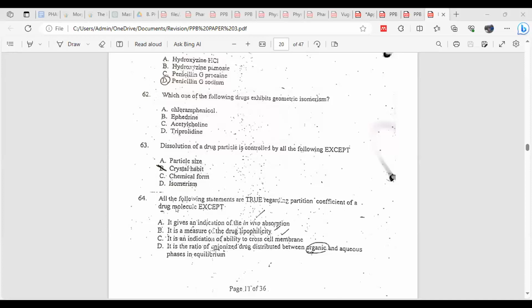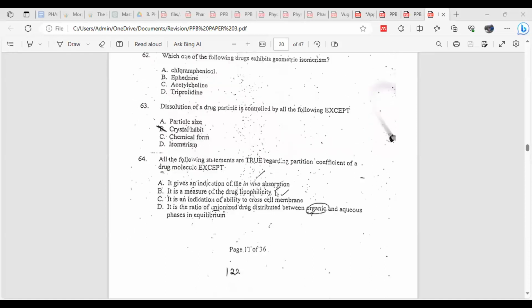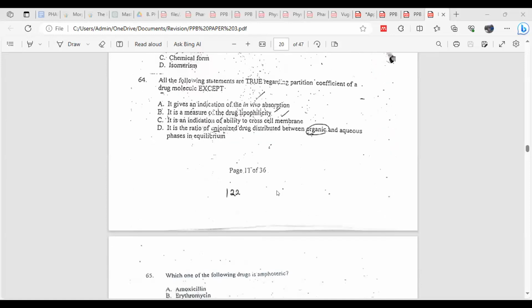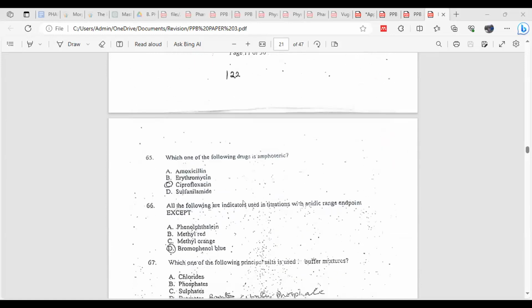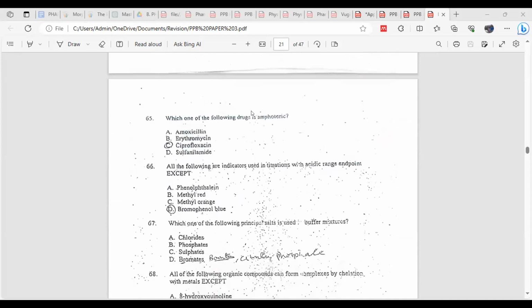We should cover partition coefficient too. Maybe it was the next topic, and we watched it. But let's just see how it is. So let's go through after number 64, after we have read it. These others are fine. I think that's it.